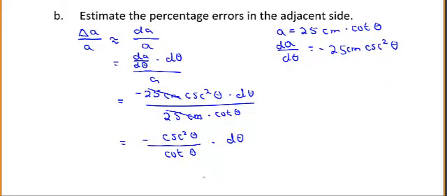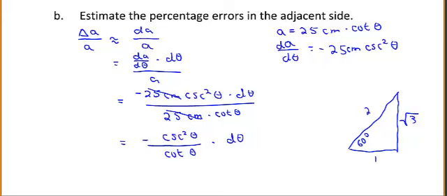You could use some trig identities, but let's recall our right triangle. Remember that theta was approximately 60 degrees, and so the ratios of the sides are 1, 2 for the hypotenuse, square root of 3 for the opposite side.